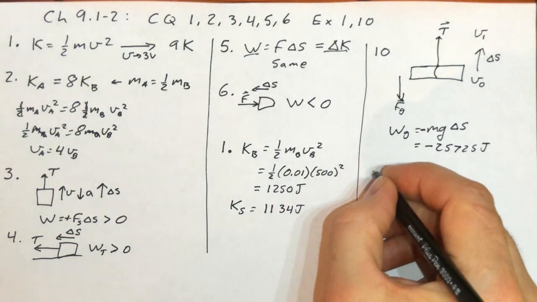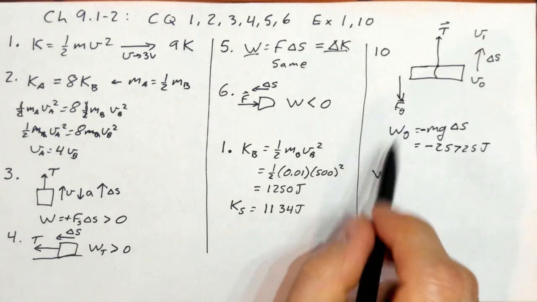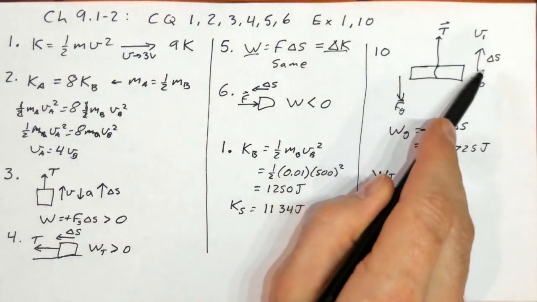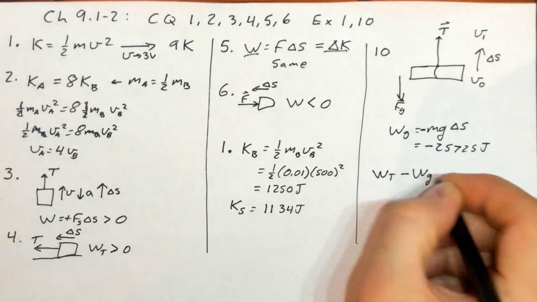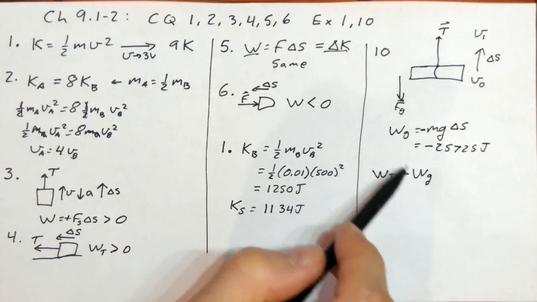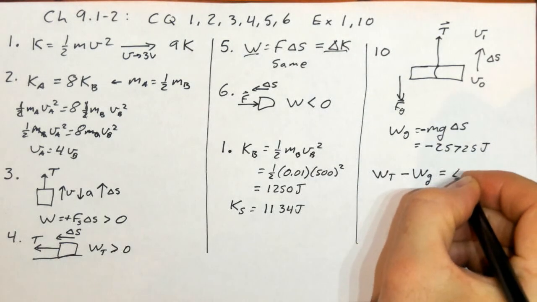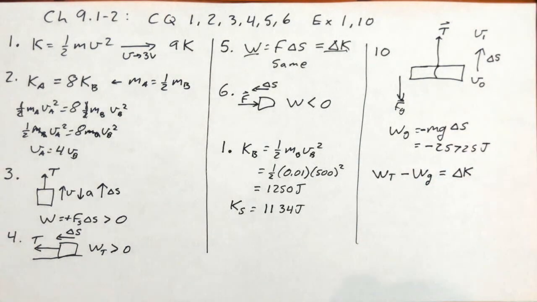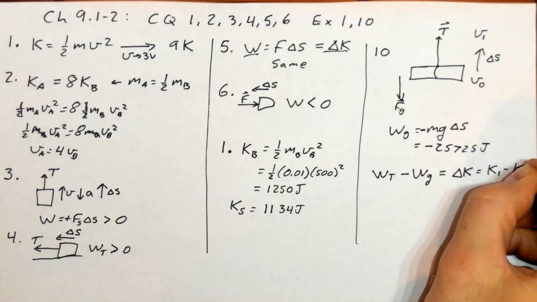So we can say that the work done by tension, which would be positive because it's in the same direction as the displacement, subtract the work done by gravity, which is negative. That's the total work done. That's going to be equal to the change in kinetic energy of this beam, which would be K1 minus K0.